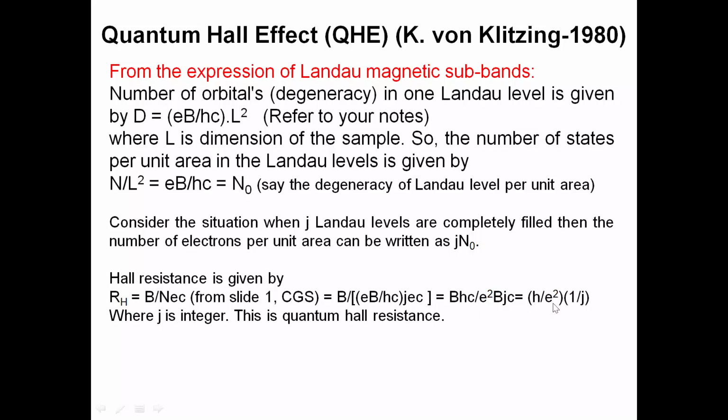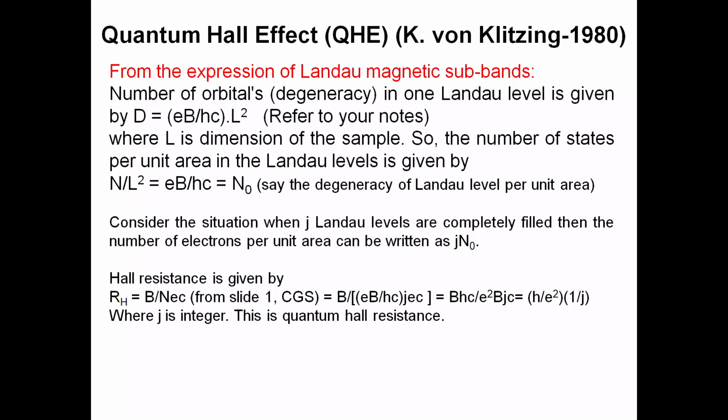So this is when the jth Landau state is completely filled. When we change the field, after some time your degeneracy will change, and the electrons will go to a new state.